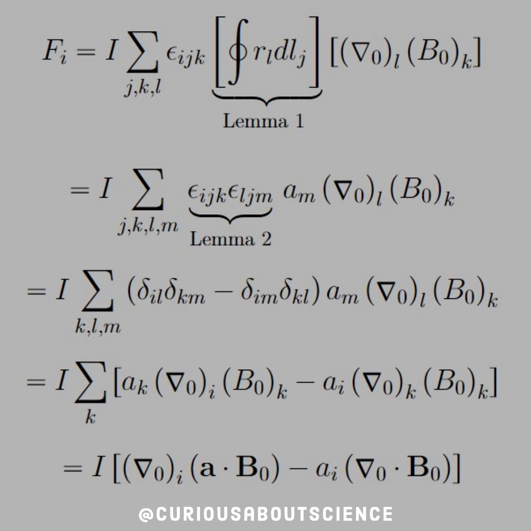The first thing to do is, what do we do with this line integral here, where we're summing over the l and j? Well, here, if we apply Lemma 1, which I will define for you in a couple of slides, then we get another Levi symbol out, but this time it's with the a m term because of whatever we integrated through.